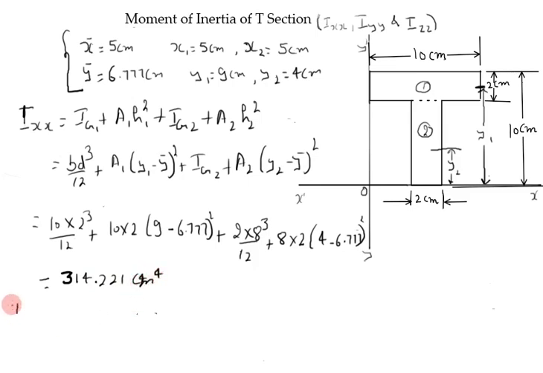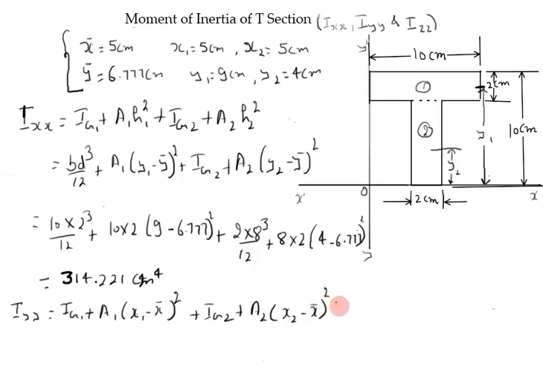Now calculate Iyy. So Iyy is Ig1 plus A1 times x1 minus x bar whole square, plus Ig2 plus A2 times x2 minus x bar whole square.